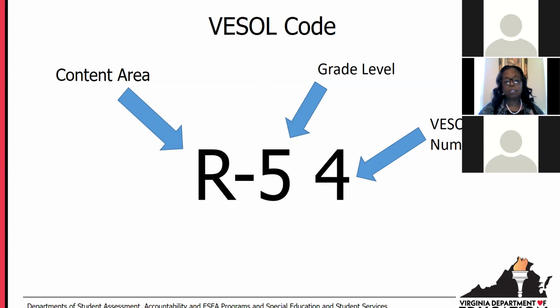For science, the code is going to begin with an S. For math, the code is going to begin with an M. And then there's a dash, and then the number right after the dash is the grade level. So in this case, this reading VESOL is for grade 5. And then the last number you see is just a chronological ordering of the VESOLs, which would be the VESOL number. And in this case, this one falls in slot number 4.